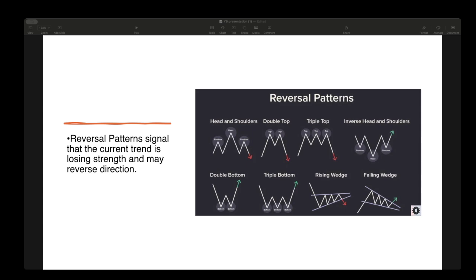So I'll be getting more into detail on this topic in the coming days, but just for educational purposes, so that you guys go through the same journey or the same kind of learning process that I went through, these are the basic reversal patterns, right?